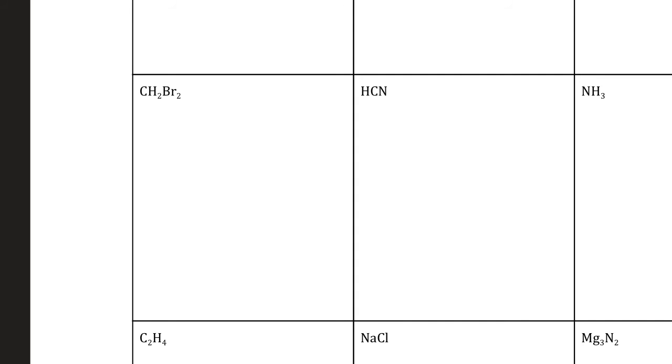Okay, let's take a look at this molecule. So quite often with these organic compounds, carbon is going to be central. So carbon is bonded to 2 hydrogens, it looks like, and 2 bromines.